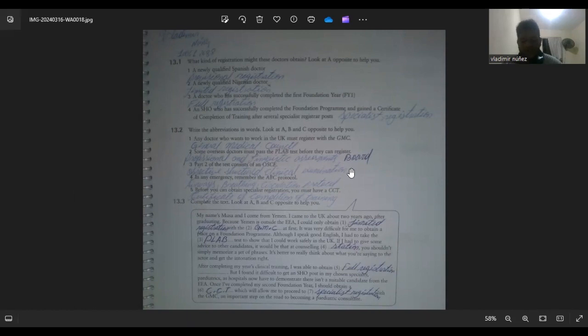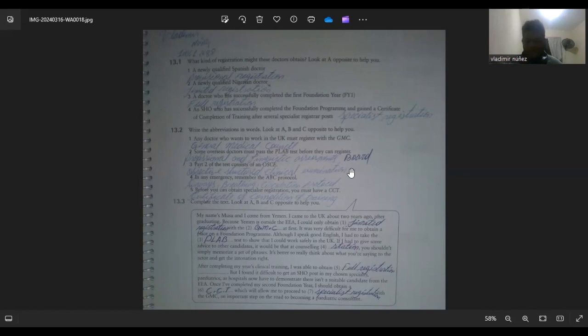Although I speak good English, I had to take the PLAB test to show that I could work safely in the UK. If I had to give some advice to other candidates, it would be that at counseling stations you should not simply memorize a set of phrases.